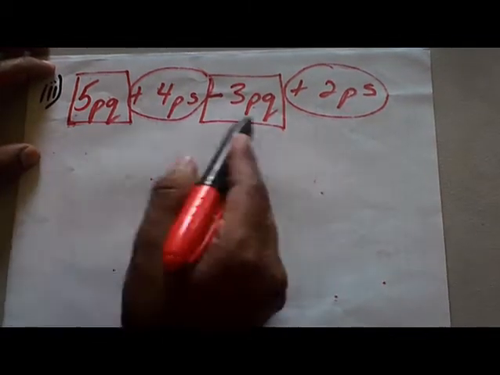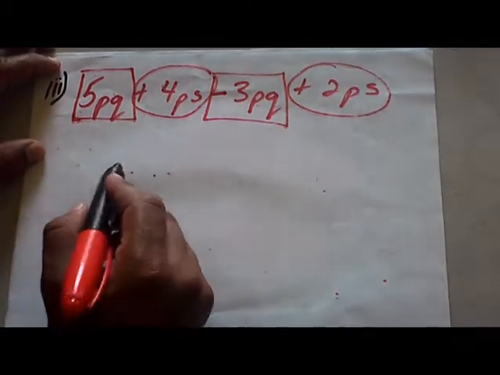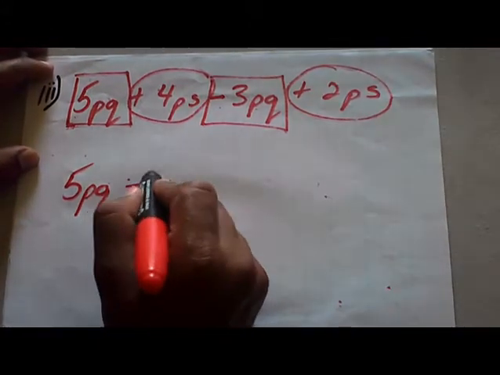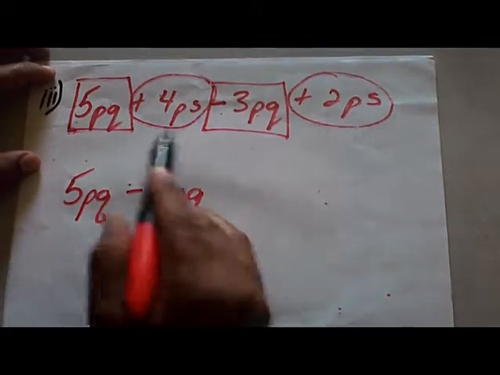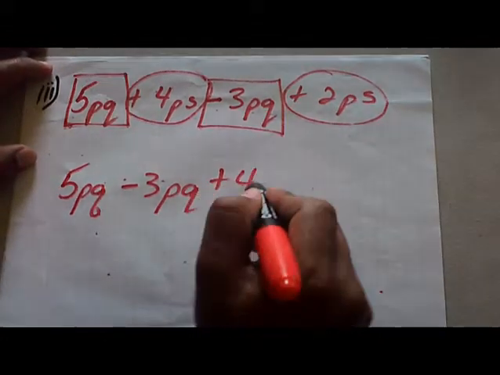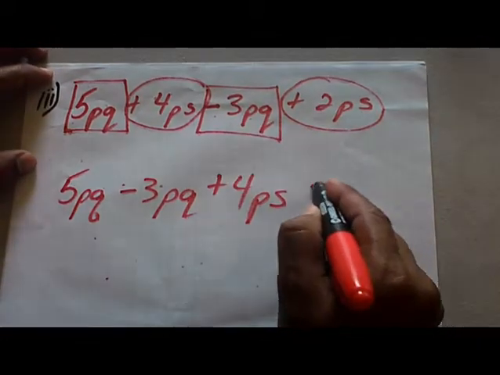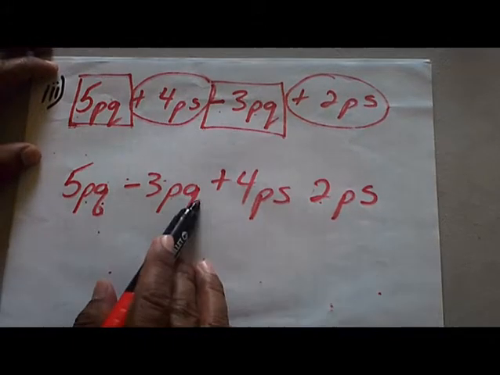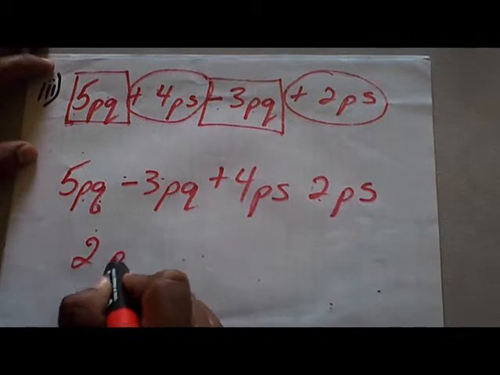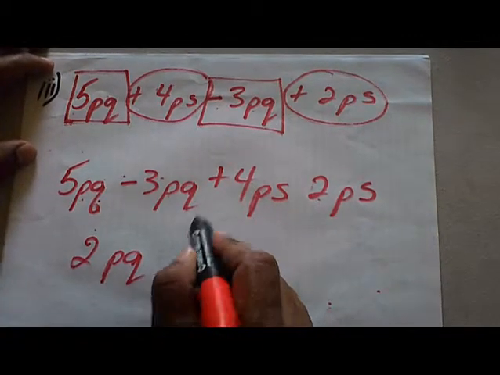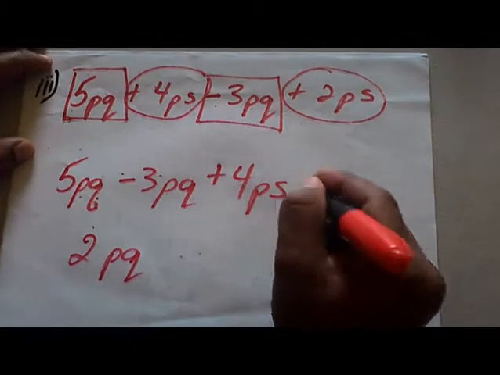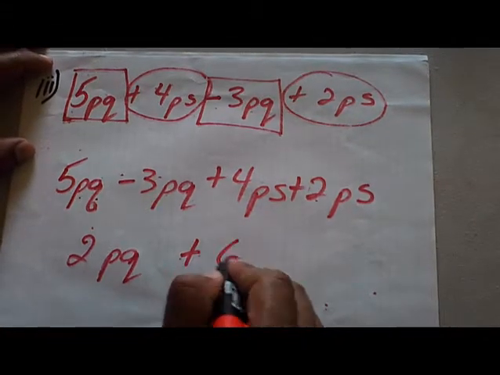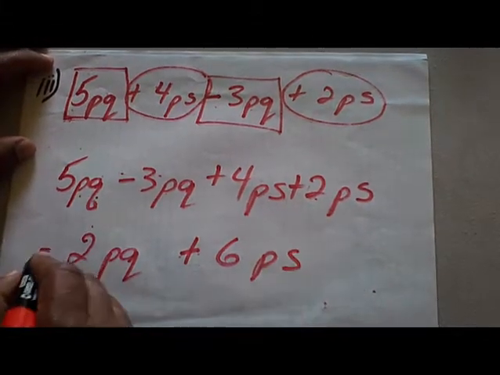Alright, combining rectangles to rectangles and circles to circles, we'll say 5PQ minus 3PQ plus 4PS plus 2PS. 5PQ minus 3PQ gives us 2PQ. 4PS plus 2PS gives us 6PS, and that's our answer.